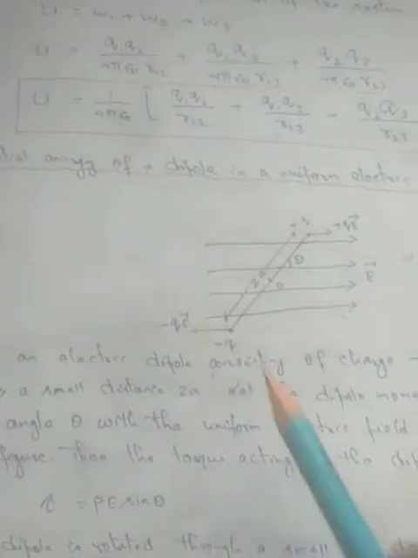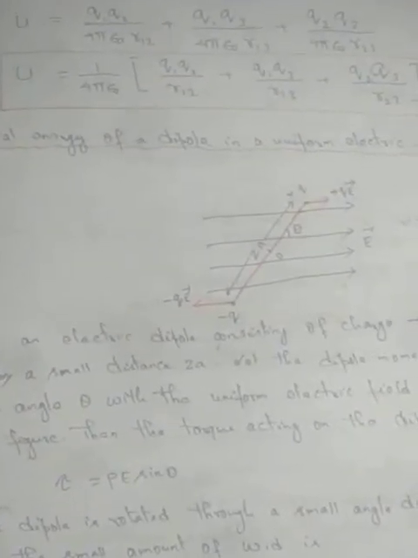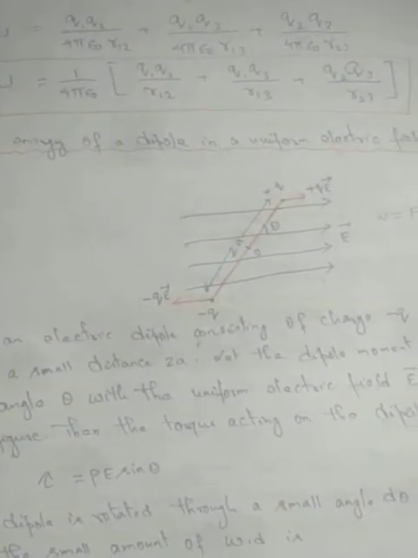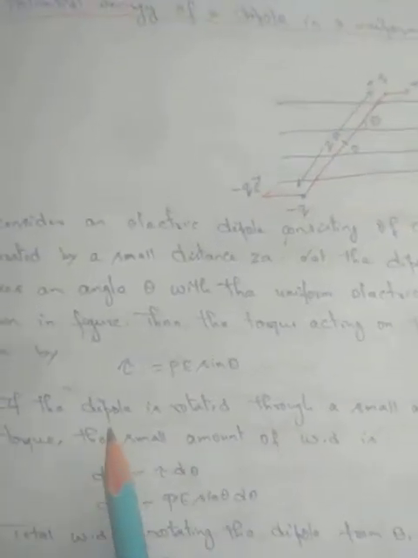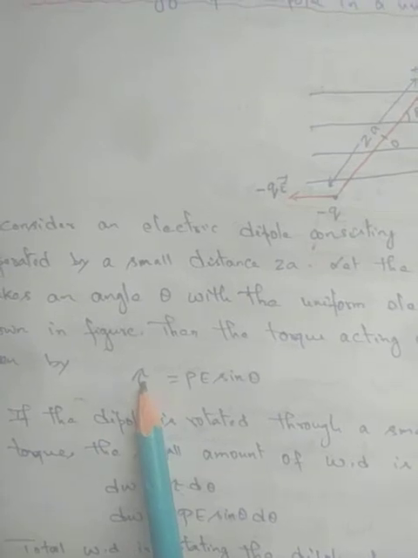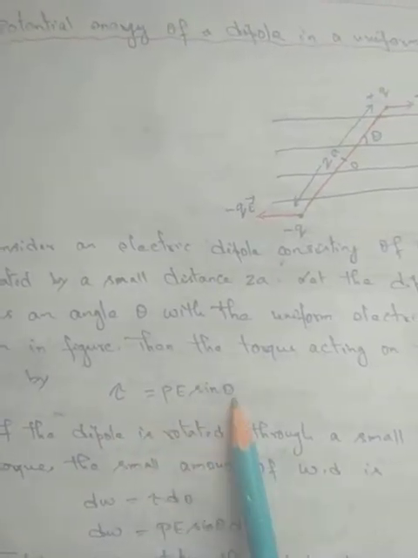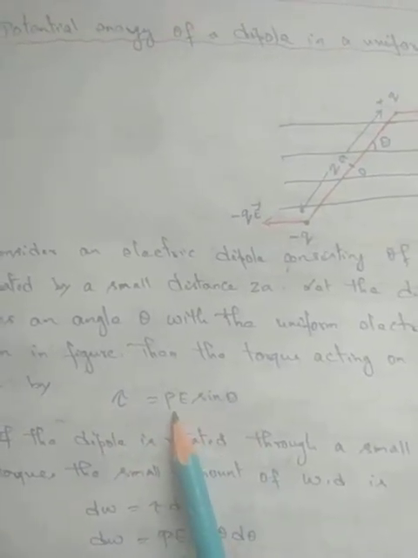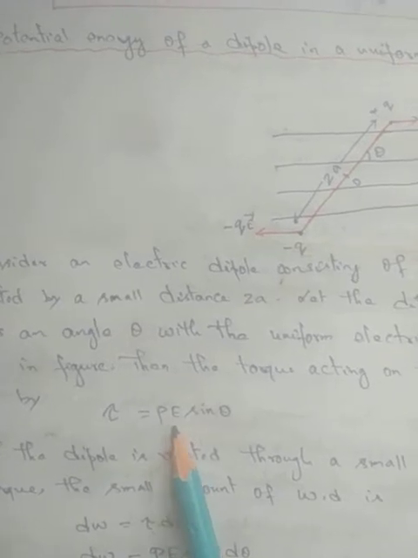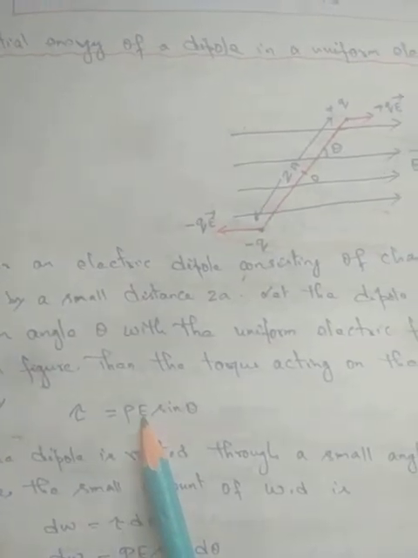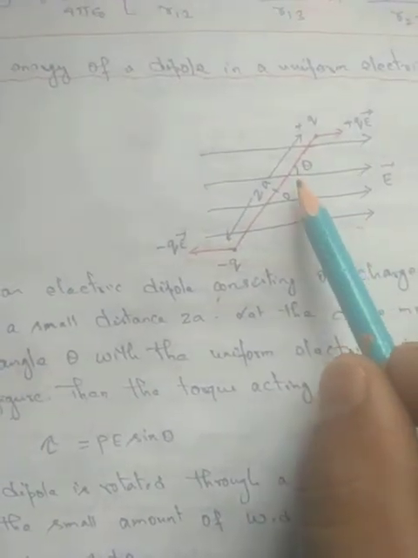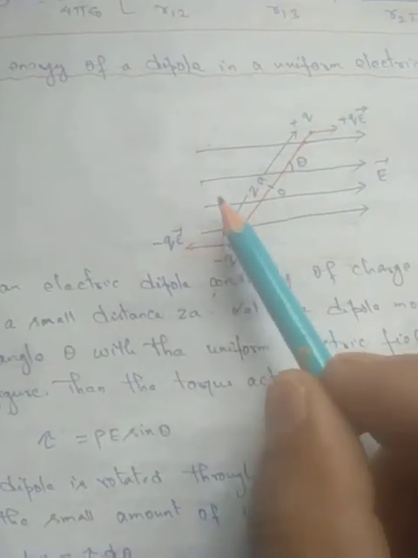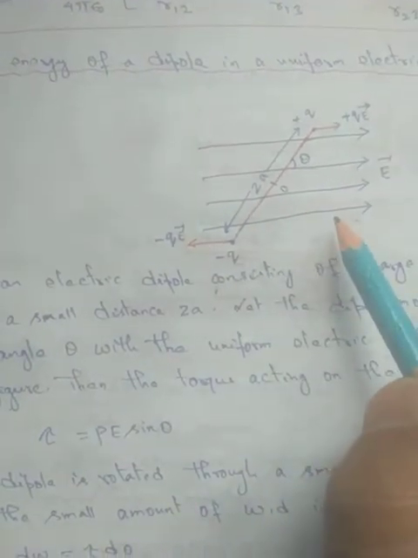As the dipole rotates, we have what we call the moment of the couple, a torque. This torque is given by tau equals P E sin theta, where P stands for electric dipole moment, E is the electric field, and theta is the angle which this electric dipole makes with the electric field.